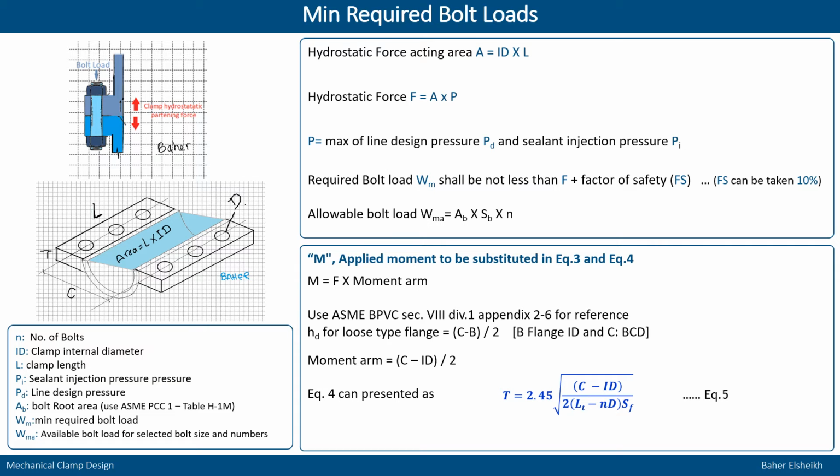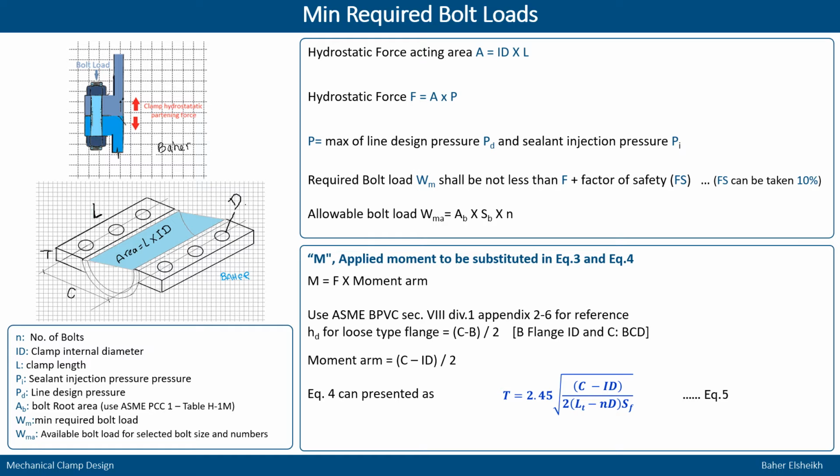Somehow there is another component inside, but you can conservatively use the full area here for the calculation. So the hydrostatic force acting on the area, ID, the internal diameter of the clamp, multiplied by the length of the clamp, then the hydrostatic force will be the area multiplied by the design pressure, which should be the same design pressure as identified, the maximum of either the line design pressure or the sealant injection pressure.